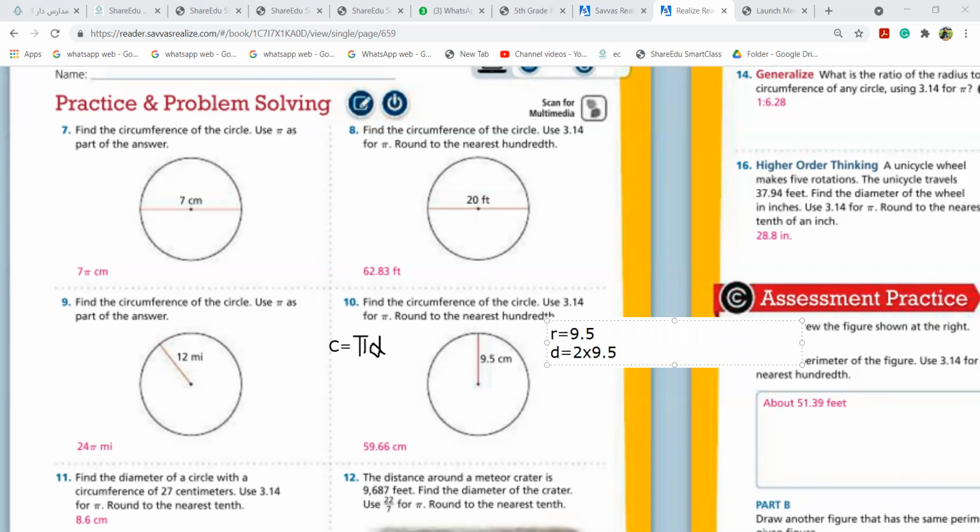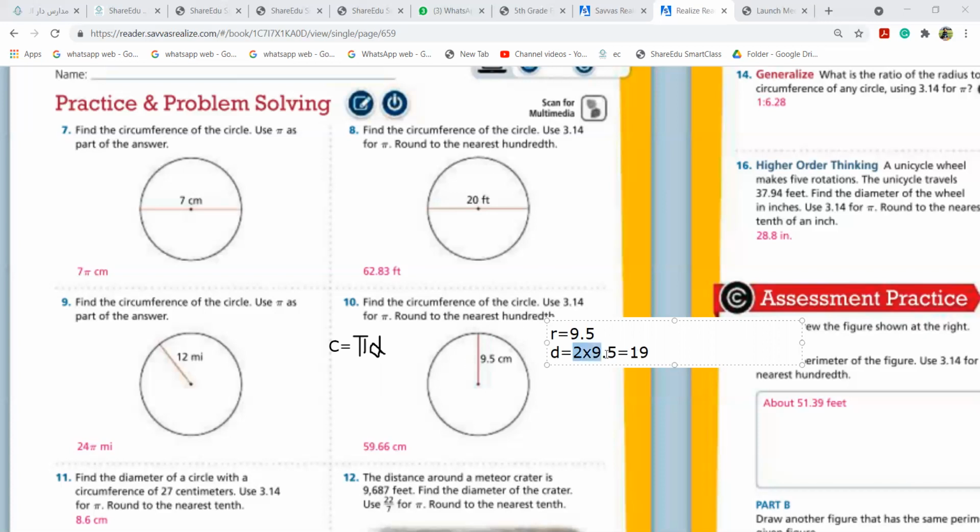Tell me what is the answer? It's 19. Okay, so I got the diameter as 19.